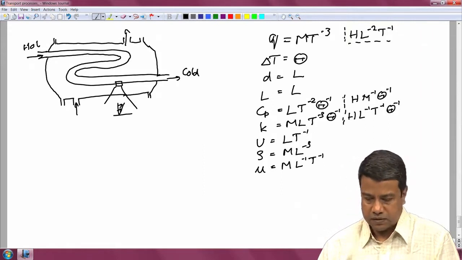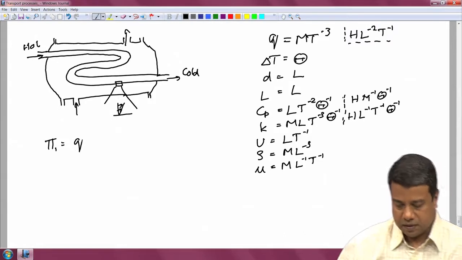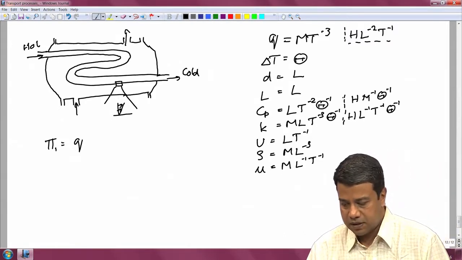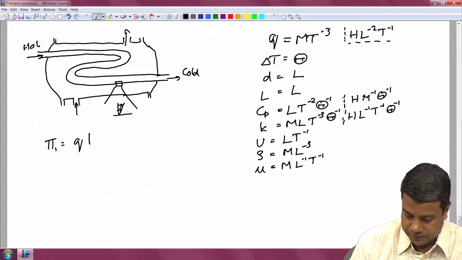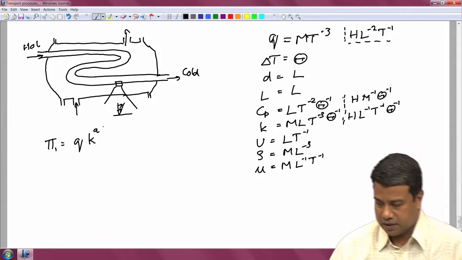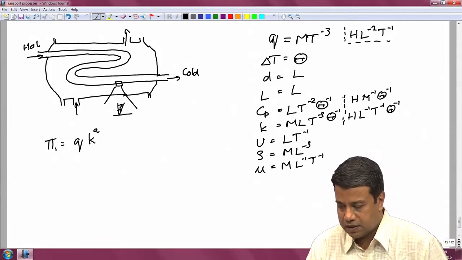So, my dependent dimensionless group has to involve the thermal flux times the thermal conductivity to some power A. There are length and time scales involved here.